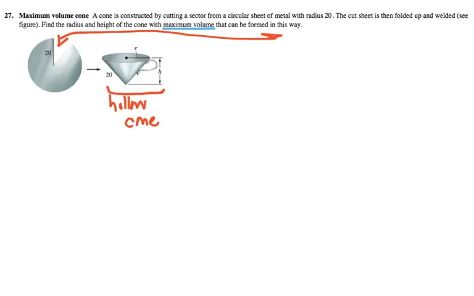So I'm going to start off with the volume of a cone, which is 1/3 pi r squared h. We have the height of the cone, that's h. We have the radius of the cone, which is r. So that is our objective function. We are going to try to maximize this.